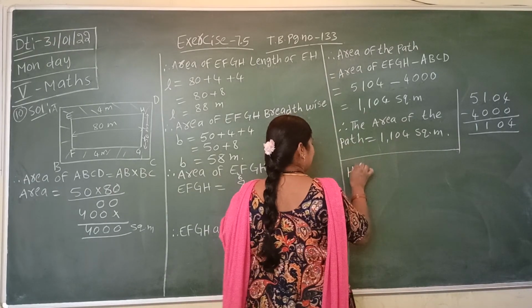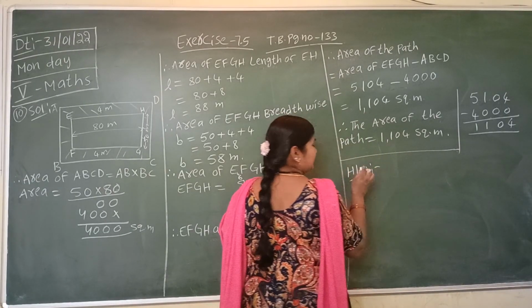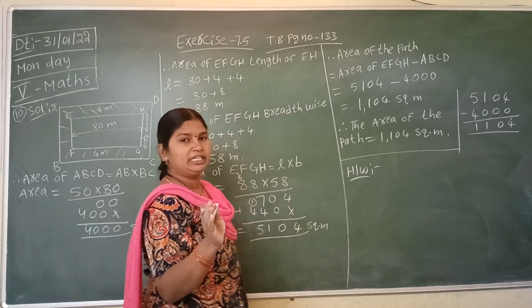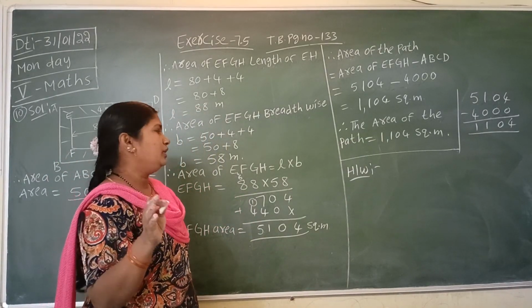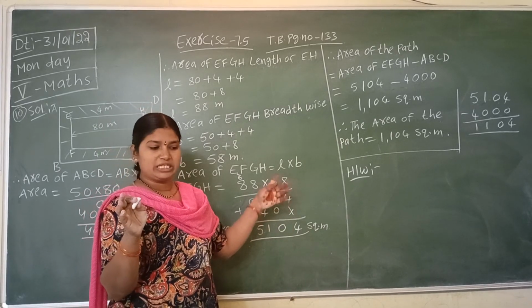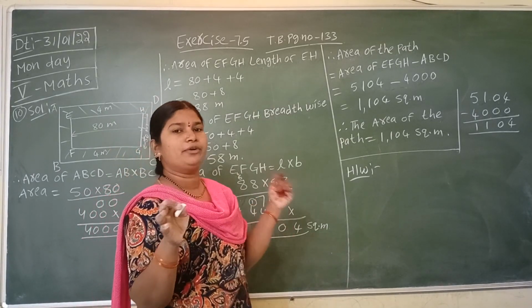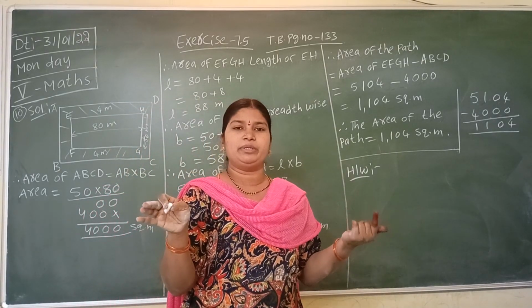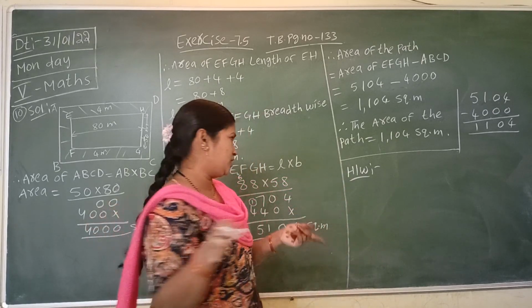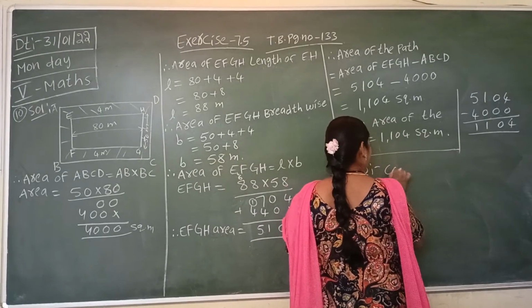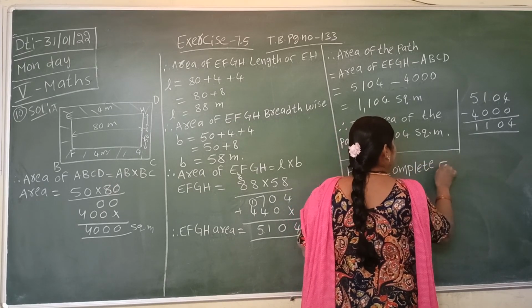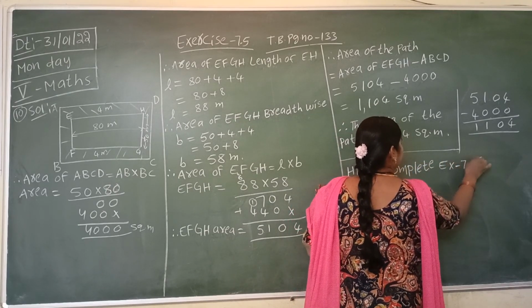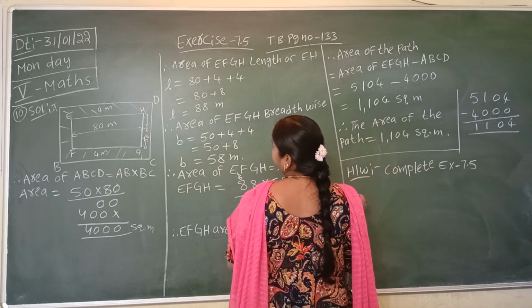Today's homework: some members are not completing in time. From Monday onwards you have regular classes. So you have to complete this total exercise 7.5 and come to school. After you come to school, I will do your class corrections. Complete exercise 7.5.